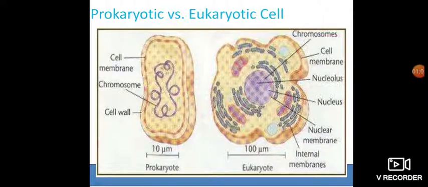The cell membrane is observed in both, but with different properties. Then, specifically, the chromosome is observed in both, but again with different properties. So these are the basic differences observed in this image.